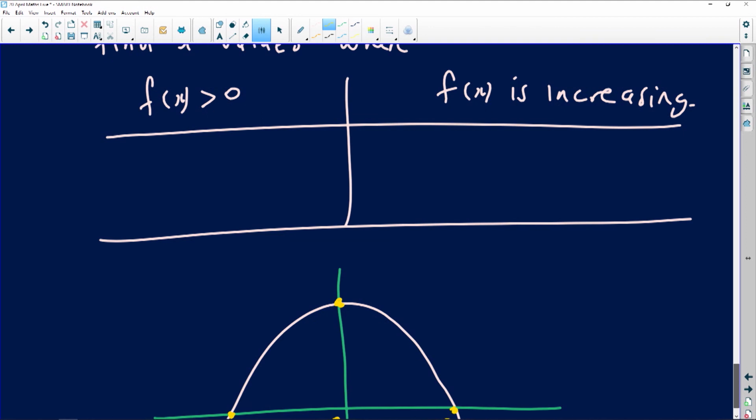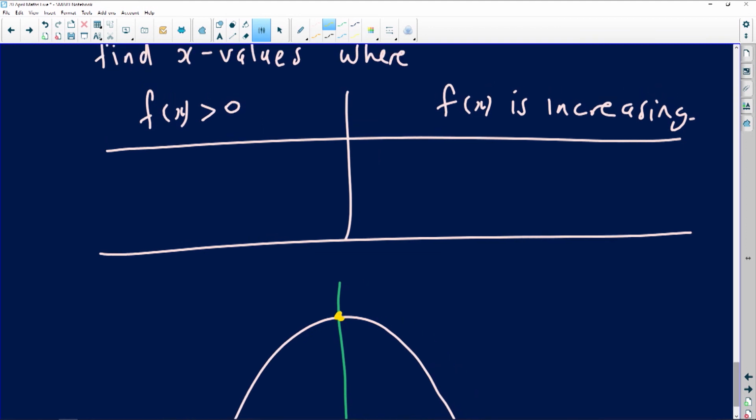Now, when f of x is greater than 0, remember what f of x is. f of x is as good as y. So this is as good as asking for x values where y is greater than 0. In English, it means we want where the graph is above the x-axis, because we are looking for the y values that are greater than 0.